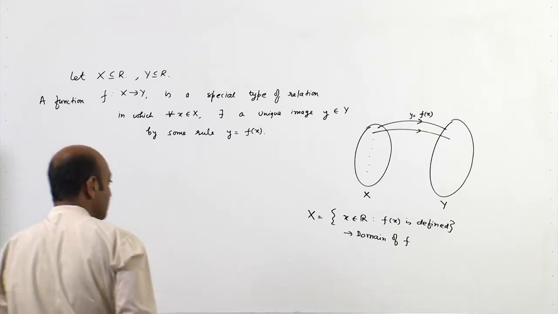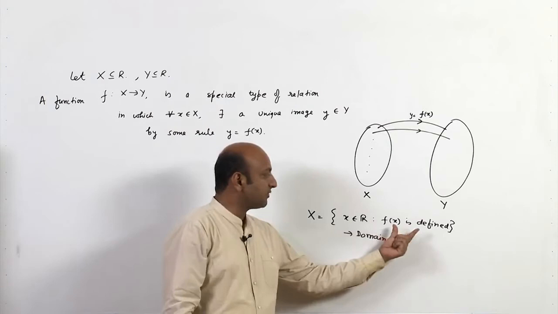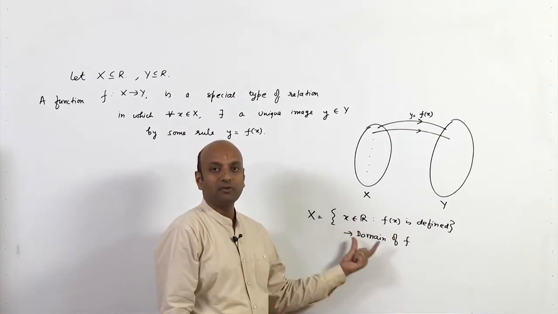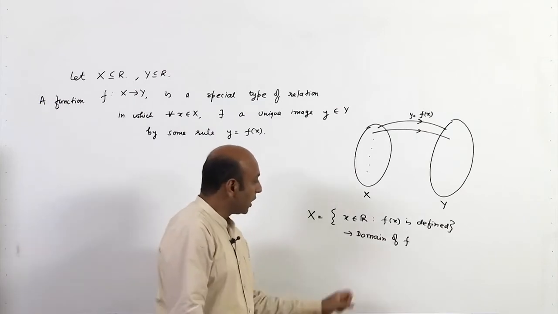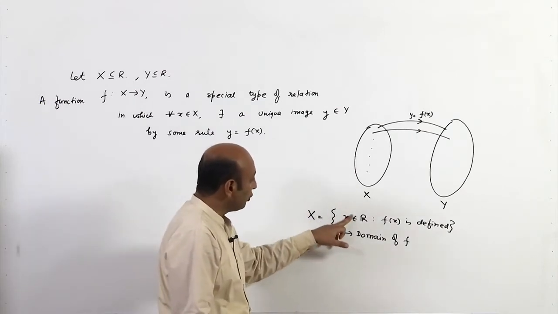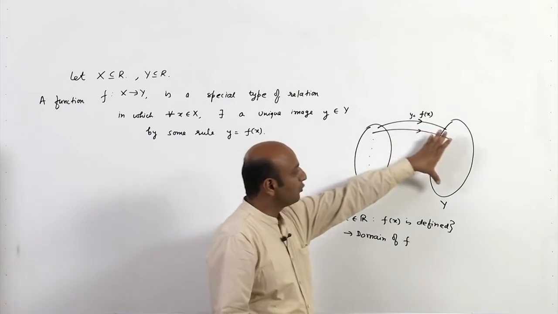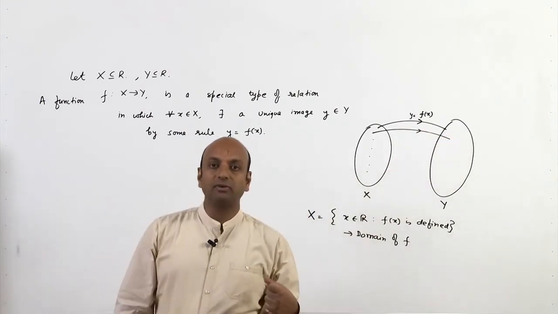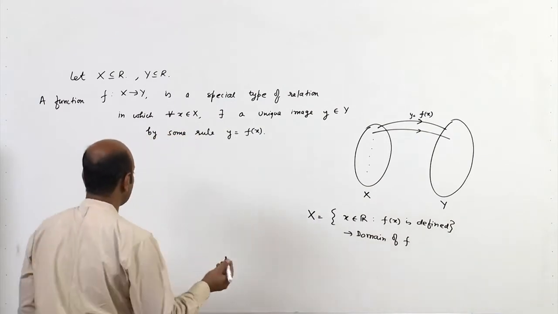Then we say that the function is defined, and all those x where the function is defined, we call that set the domain of the function. Now, the image of the domain of the function in Y is called the range of the function. So, how can we define the range of the function?